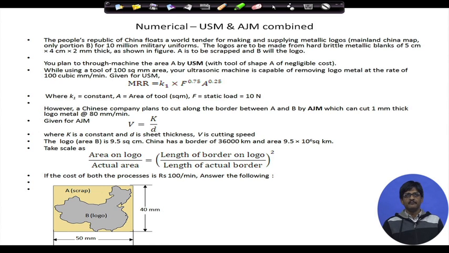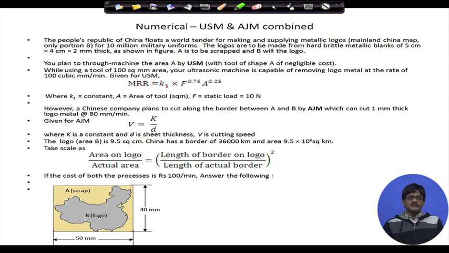Given for USM, MRR is equal to K1 into F to the power 0.75 into A to the power 0.25, where K1 is a constant, A is the area of the tool in square meters, and F is the static load equal to 10 newtons that I am providing you.